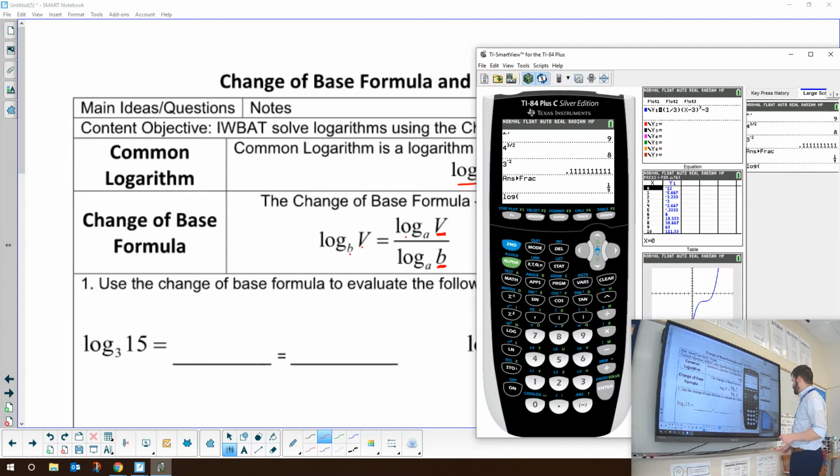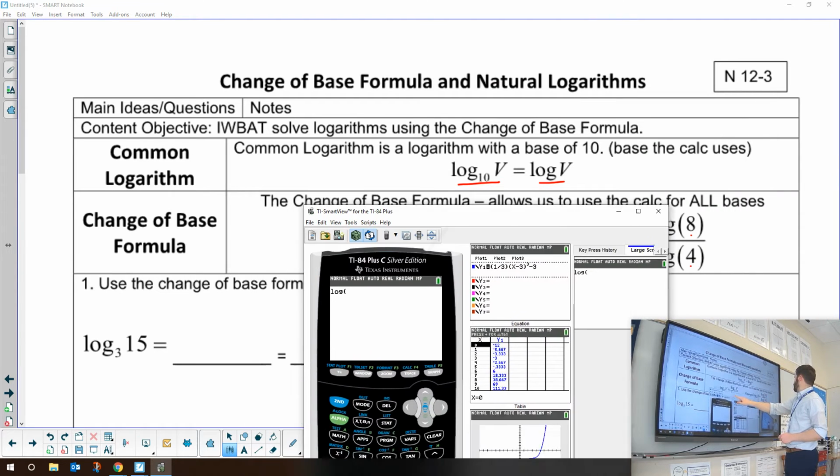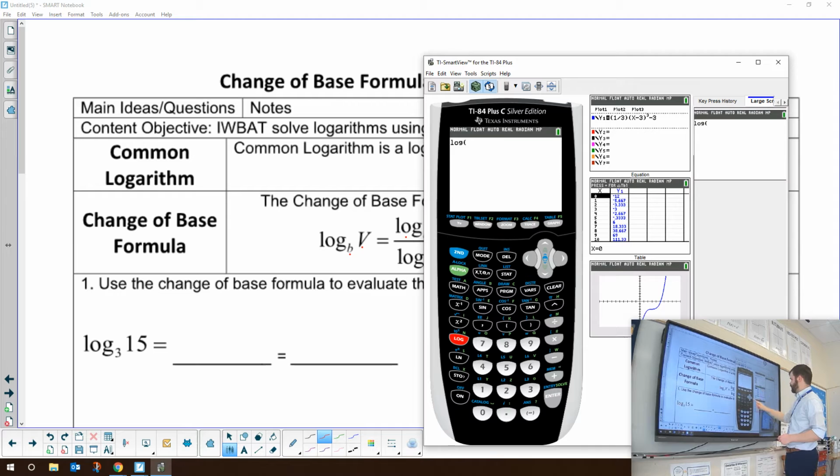Okay, we can pull up the calculator, clear this out. We go log of 8 divided by log of 4.